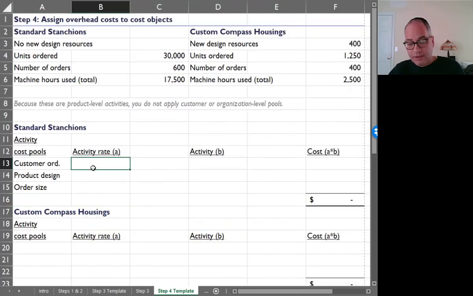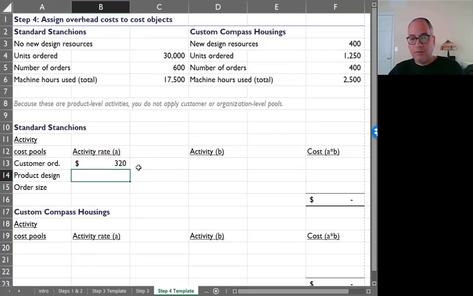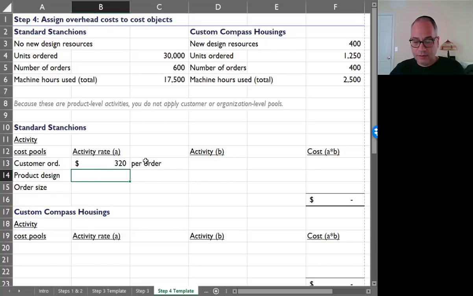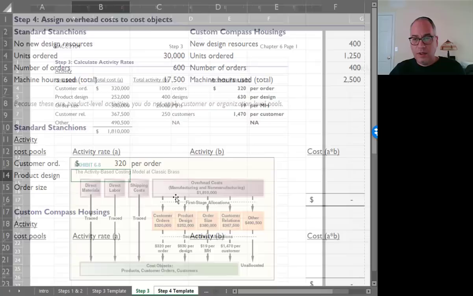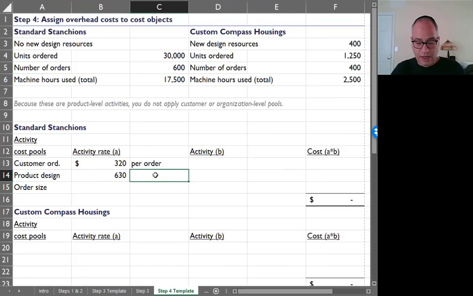So the activity rate for customer orders, if you remember, was $320 per order. For product design, it is $630 per design.